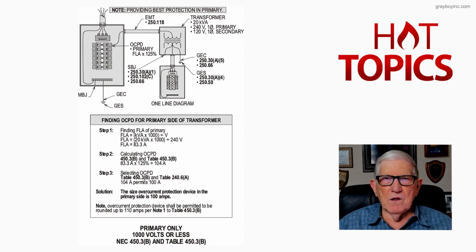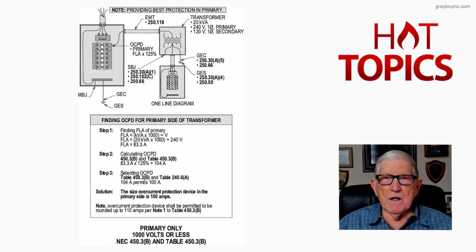We go to table 450.3(B), and if the transformer's primary current is 9 amps or more, we use 125% times the FLA. If it's less than 9 but 2 amps or more, we use 167%. If it's less than 2 amps, we use 300% times the FLA.